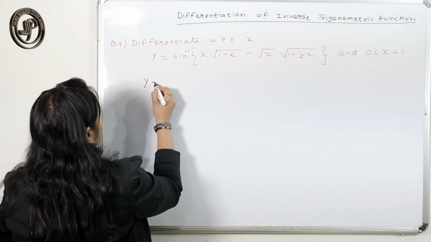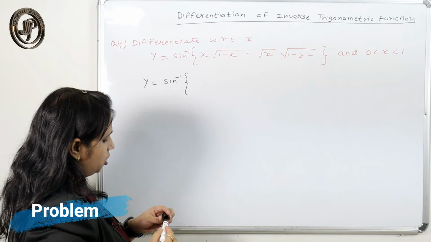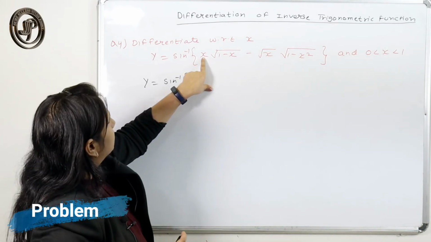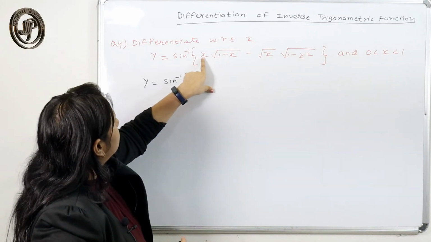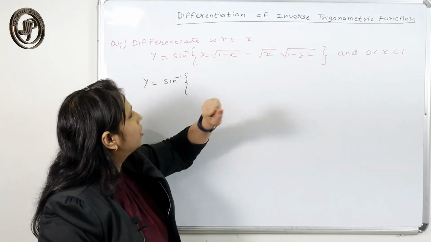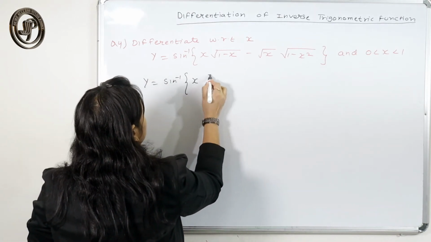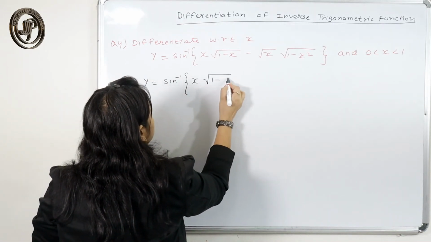So here you have to differentiate this question. Here if you see, x is your one term and root x you consider another term. You just have to rearrange this thing.